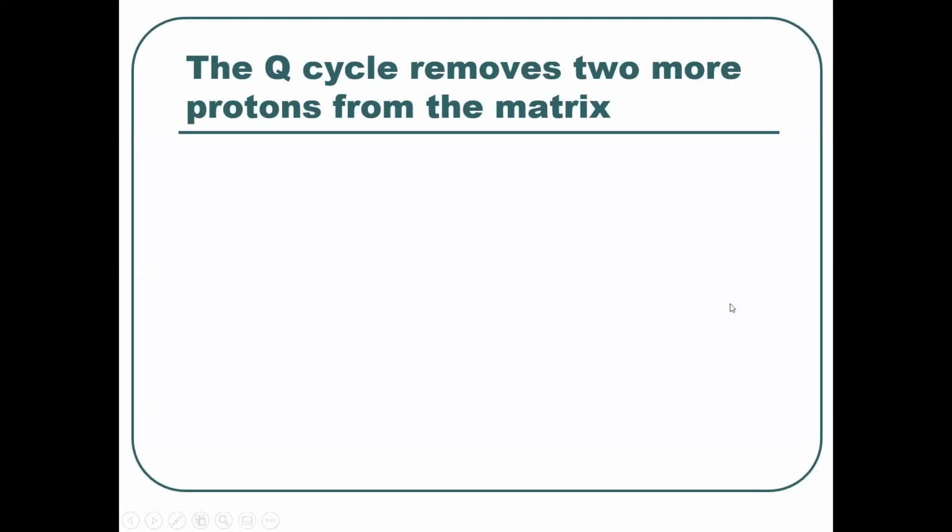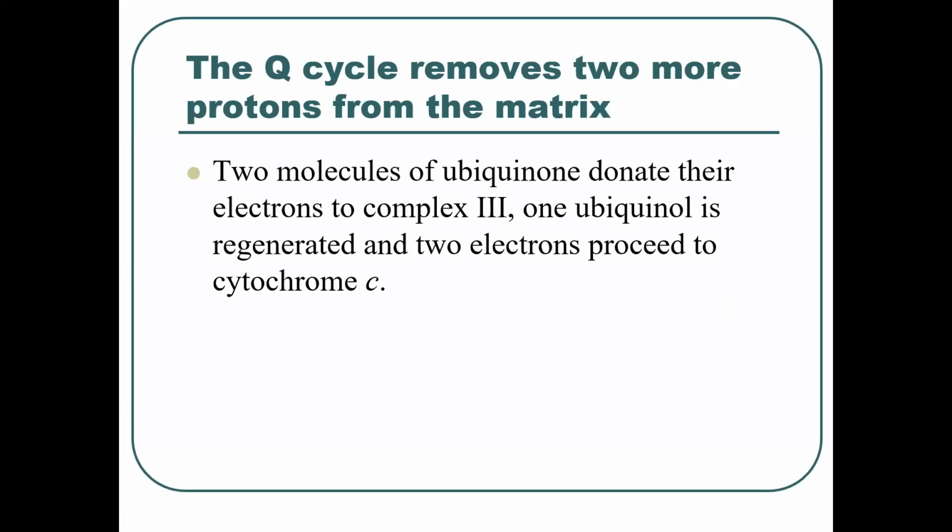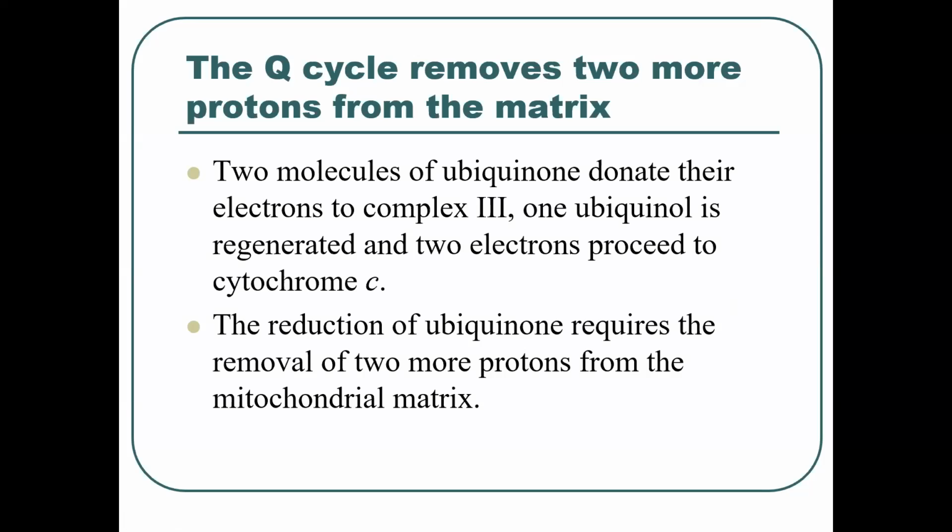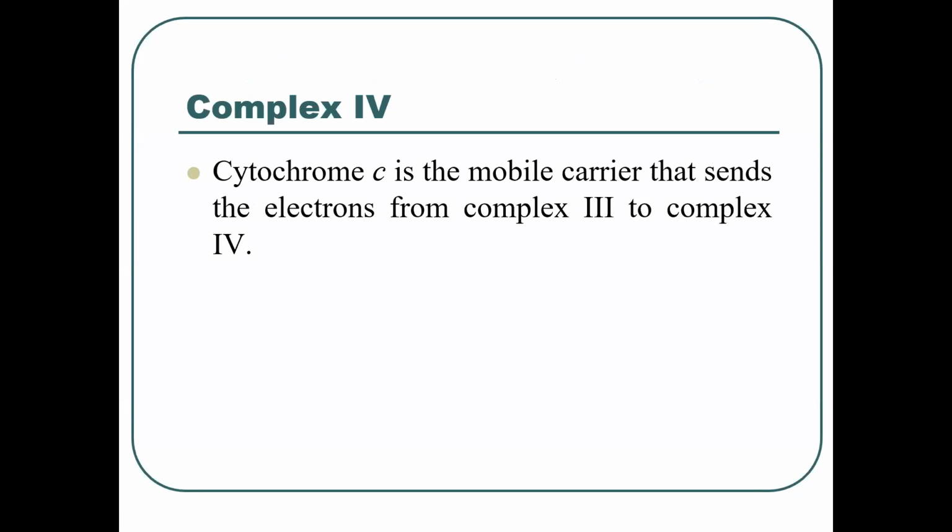All right, so that Q cycle means that you're going to maximize the number of protons you pump out the membrane. Then cytochrome C will play the mobile carrier that sends the electrons from complex 3 to complex 4.